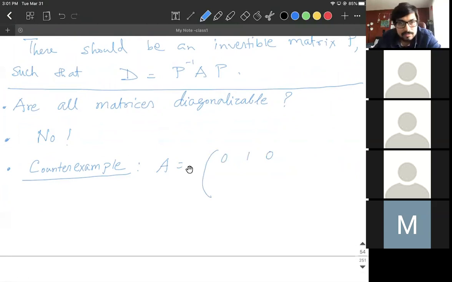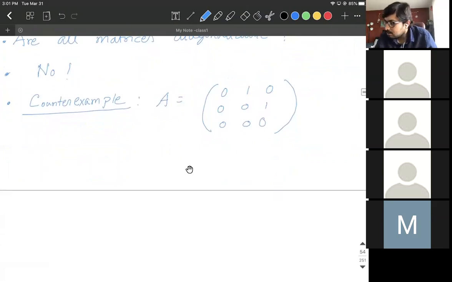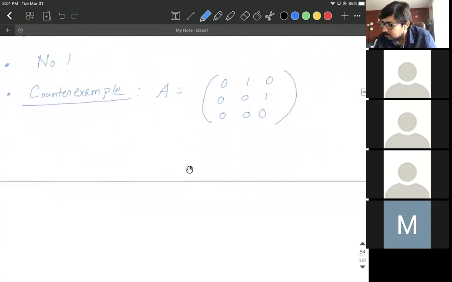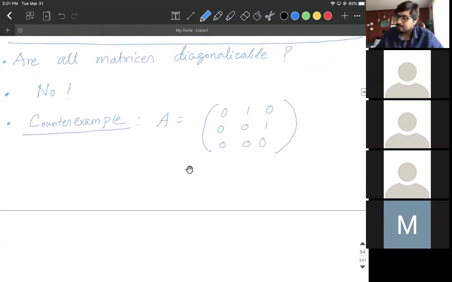This will involve a slightly logical argument, a completely logical deduction. We will show that A is not diagonalizable. Firstly, A is not diagonal. That's quite evident because there are entries in the positions A1,2 and A2,3. So it's not diagonal.